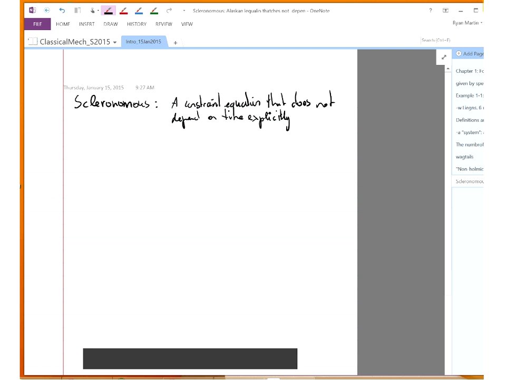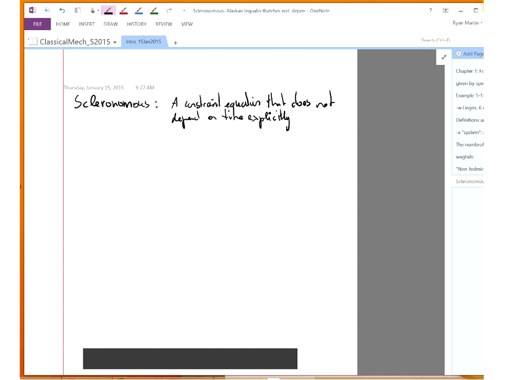But we have to be careful between when we say implicit and explicit when we say that something depends on something. The most simple example is the two masses connected by a bar. That's a holonomic constraint. We know the positions of the masses, they're related to each other. The distance has to be equal to the length of the bar.